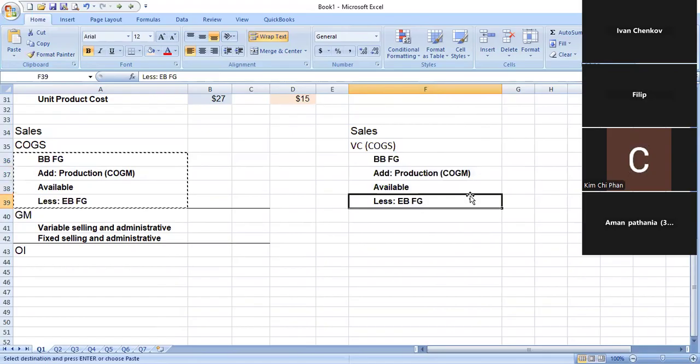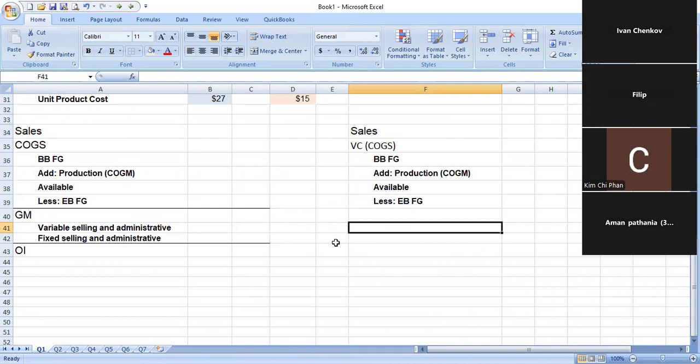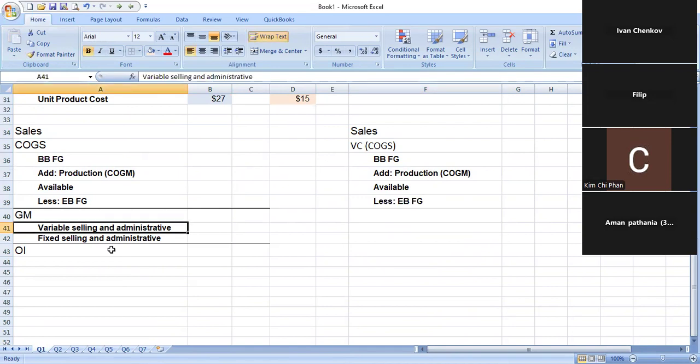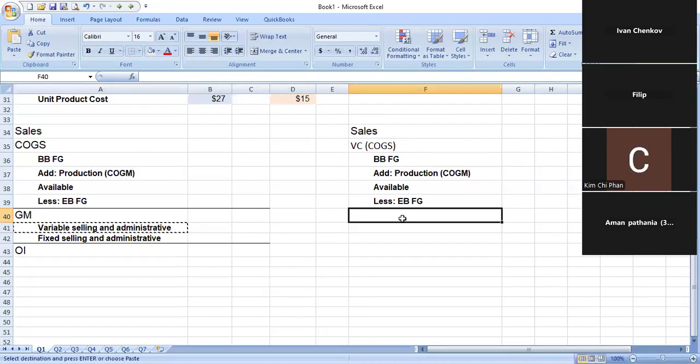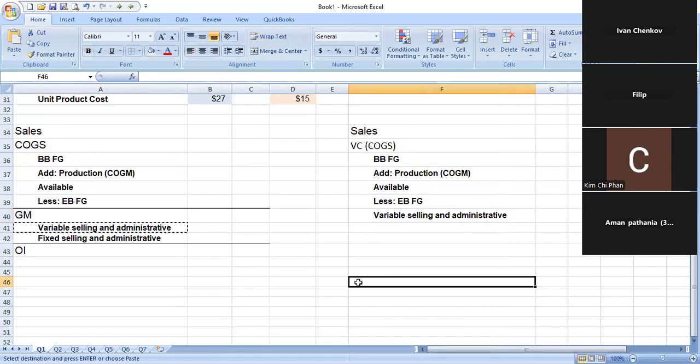And I'm going to get the variable cost of my cost of goods sold. Am I done with the variable cost though? Not yet. What do I need? My variable selling and administrative expenses. Once I get my variable portion of selling and administrative expenses, then I can say, okay, I'm done with this.